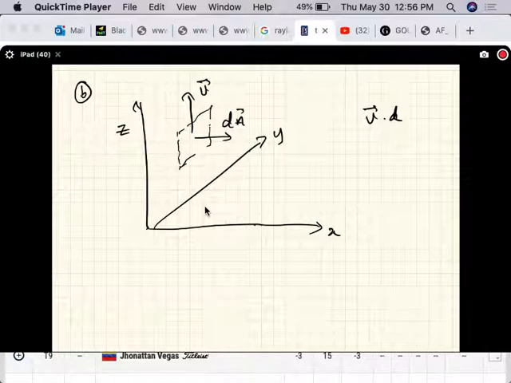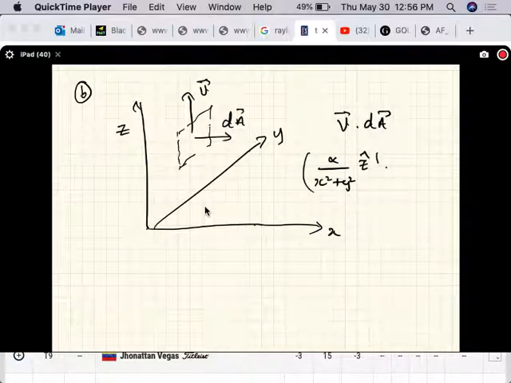Okay, let me write this. So V dot dA is alpha over x squared plus y squared z hat dotted with dA, which is dy dz x hat, and this is equal to 0.